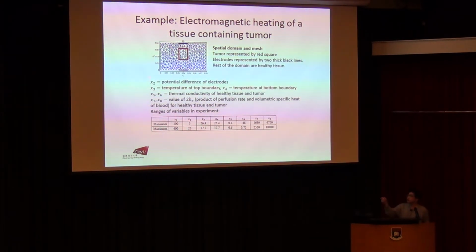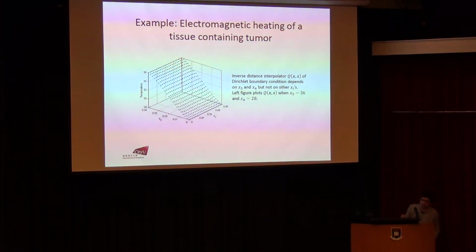X3 gives the temperature at the top edge and X4 gives the temperature at the bottom boundary. These are the temperatures of the skin surfaces, which we may control by changing the cooling rates of the cooling pad. The other input variables X5, X6, X7, X8 are some other parameters in the PDE, and these are the ranges of the variables for our computer experiment.